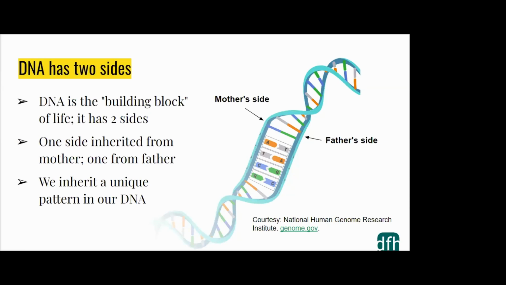We inherit our DNA from our parents. In particular, one side of our DNA is inherited from our mother, and the other side is inherited from our father. This means in the search for an unknown parent or grandparent, you can really focus on the side of your DNA that was inherited from the unknown parent or grandparent.